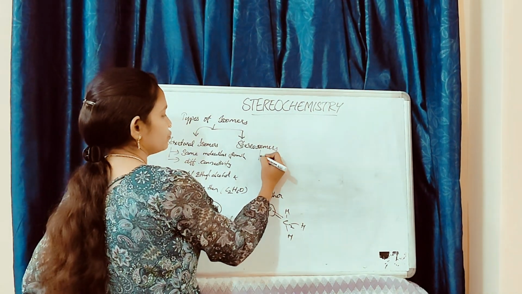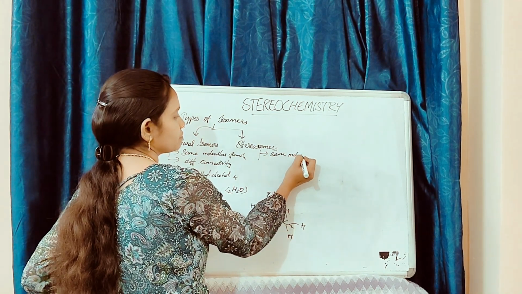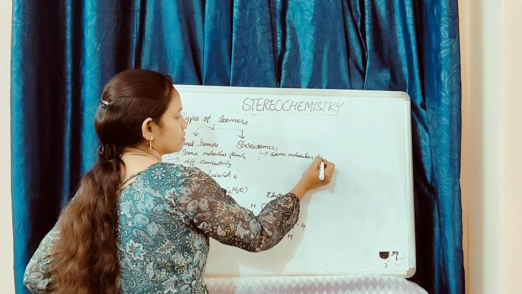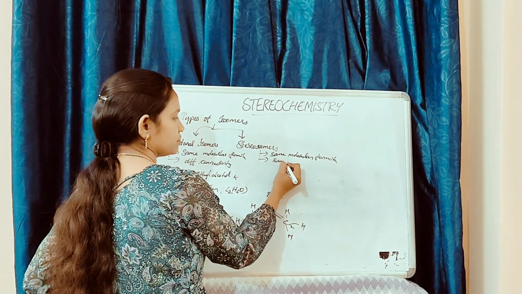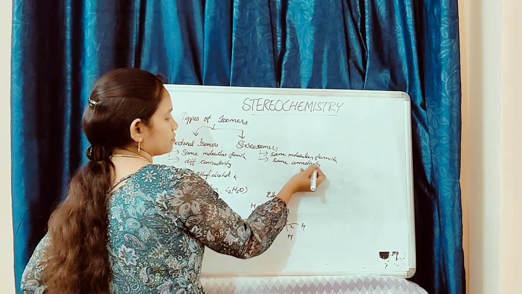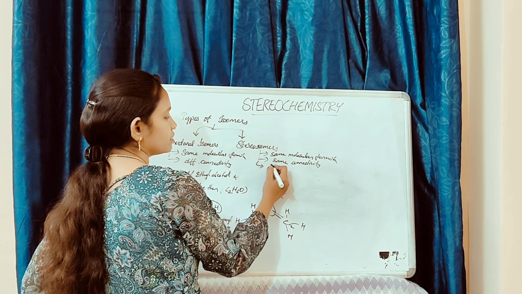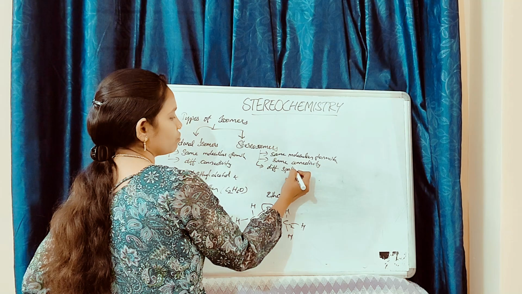Stereoisomers also have the same molecular formula and the same connectivity, but there is a difference in the spatial arrangement of atoms.